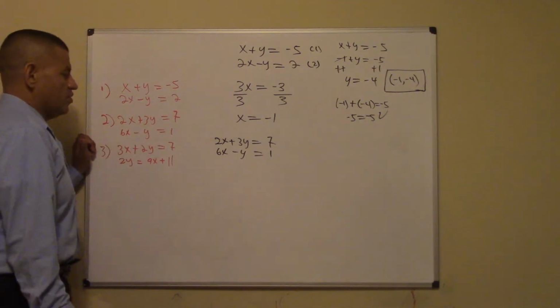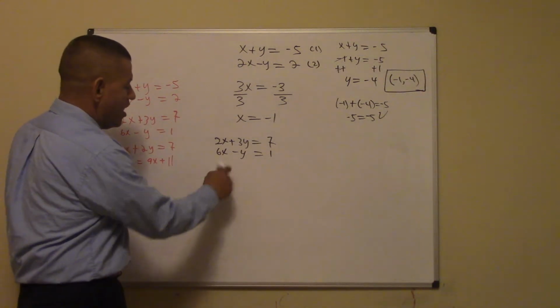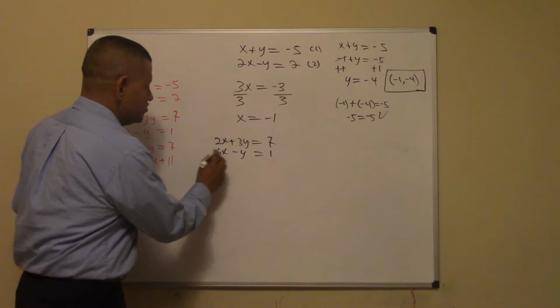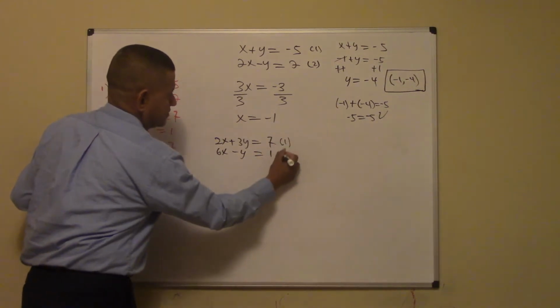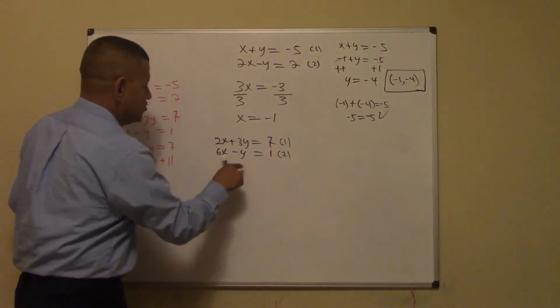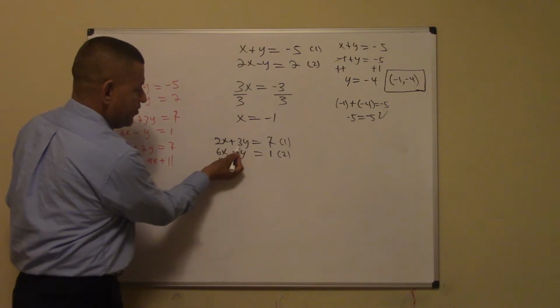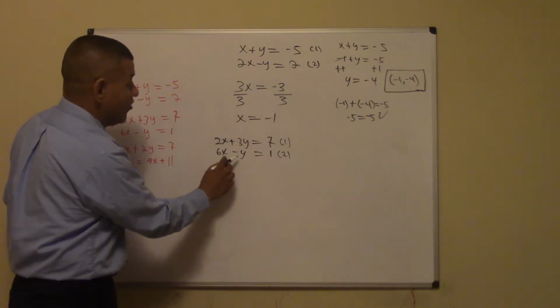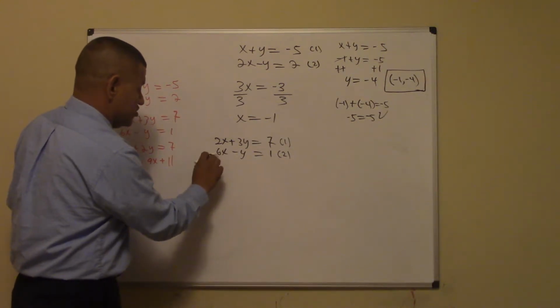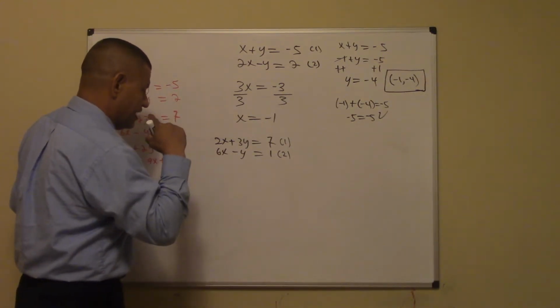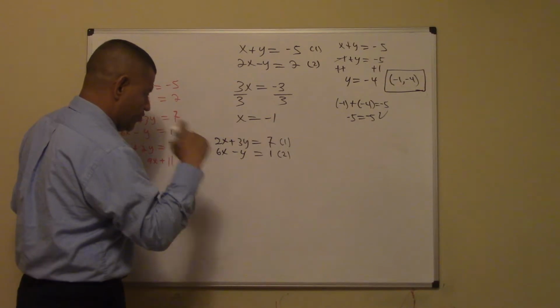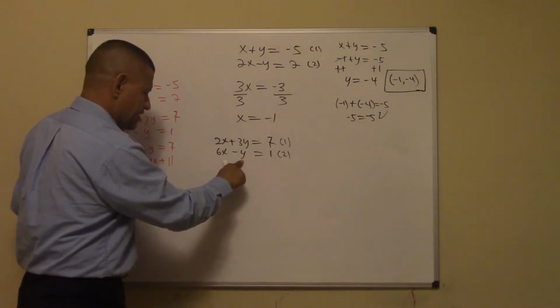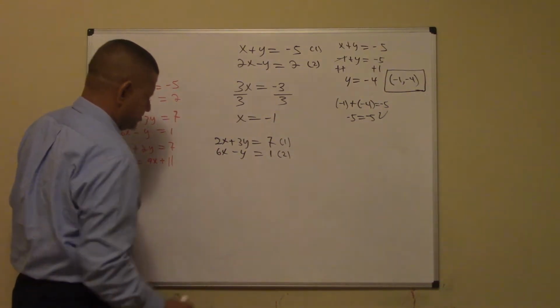In order to get the same coefficient for y, I have to multiply equation number 2 by 3, because I have a 3y here but I only have a y there. So I gotta multiply equation number 2 by 3 in order to get this 3y here, okay?